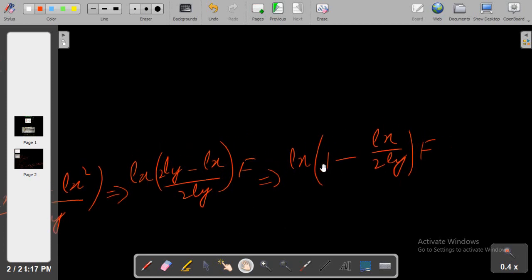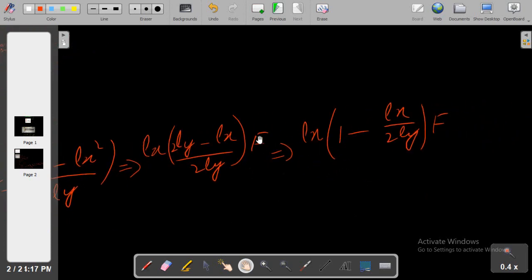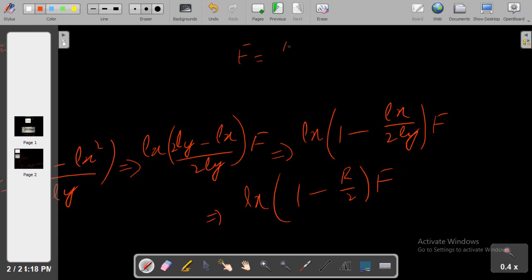And now what we have next is Lx into, we know Lx divided by Ly equals r, so r divided by 2, into f. So f is what? We know the value of f equals (1 minus r square divided by 3) divided by (1 minus r divided by 2).